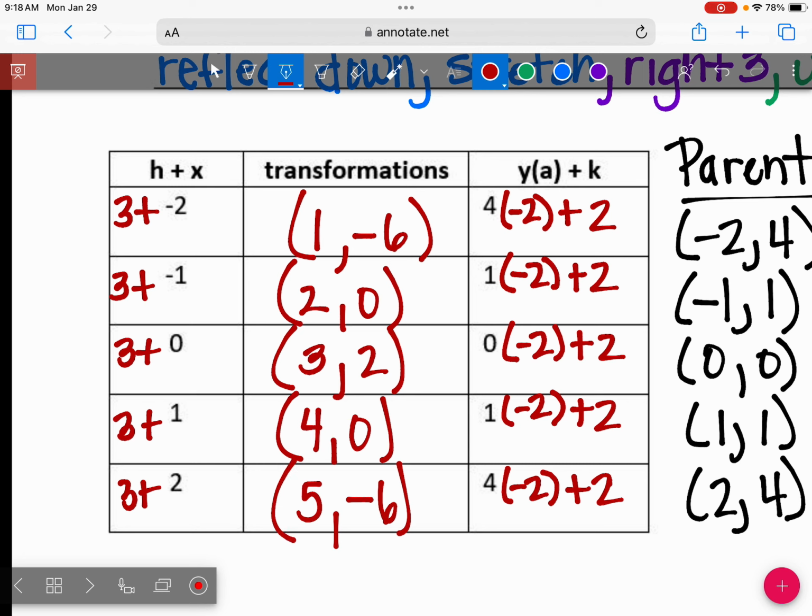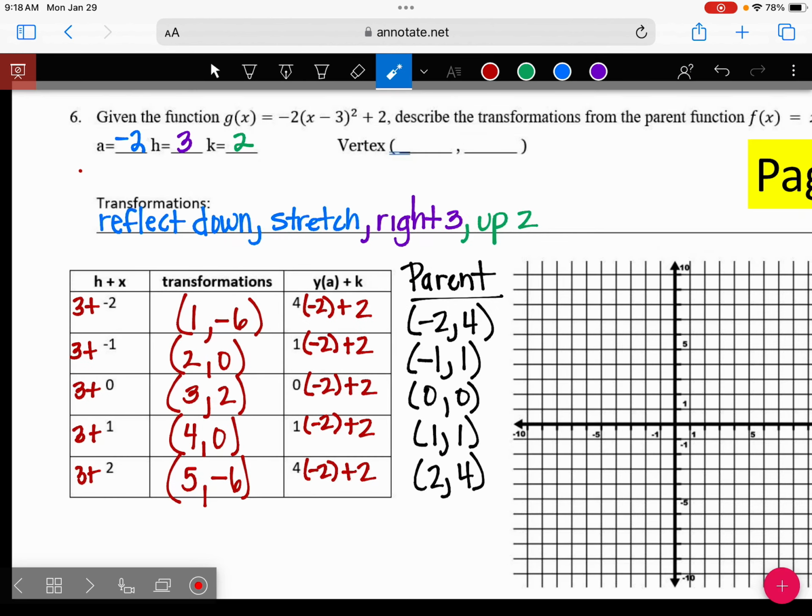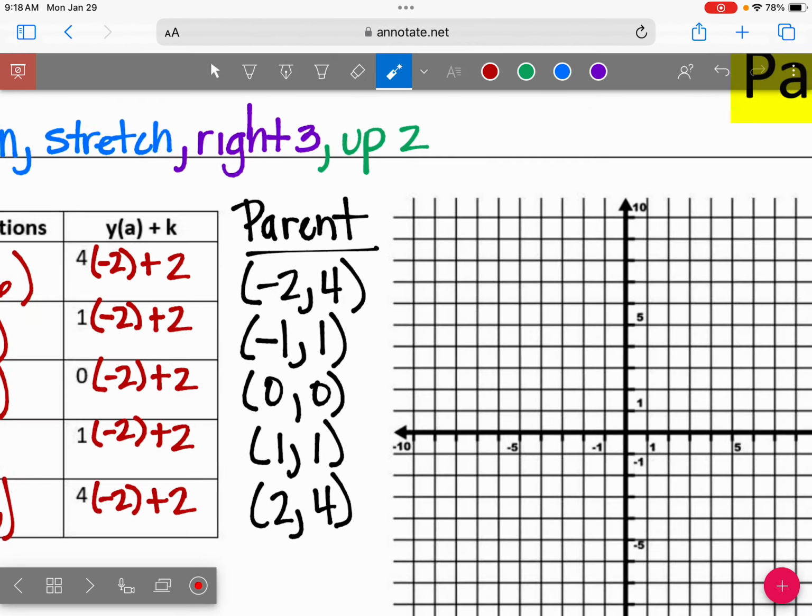Now when you graph these, this should look like a frown because we made our A value negative. So the parent is a smile, but when we do our transformations, it should look like a frown. Oh, I did not graph the parent, did I?